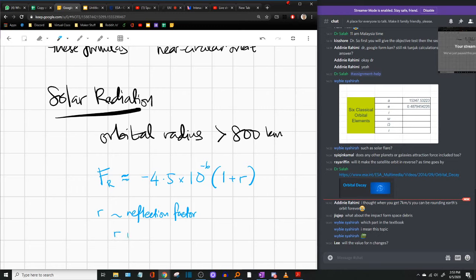R ranges from 0 to 1. If it's a fully absorbing satellite, r will be 0, and for a specular reflection, it will be 1. But as you can see, it's very, very small here. Oh, sorry, I missed the area. We need area as well.